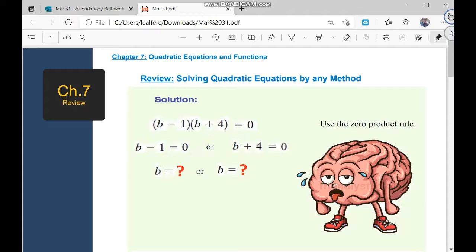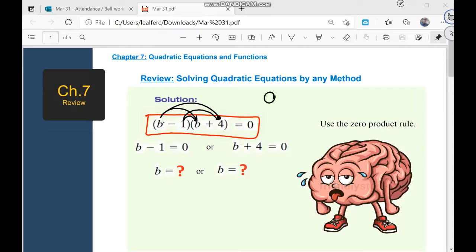Check this screen out. Check this example. This is from yesterday's quiz. If you have the equation (b - 1)(b + 4) = 0, this is a quadratic equation that you can work out by applying the distributive property, simplifying, and you're going to find the equation as ax squared plus bx plus c equals 0.